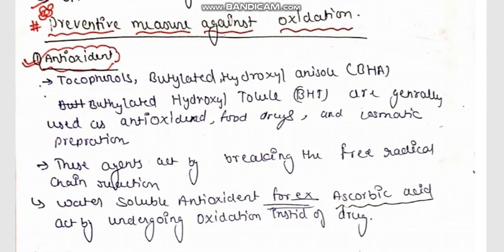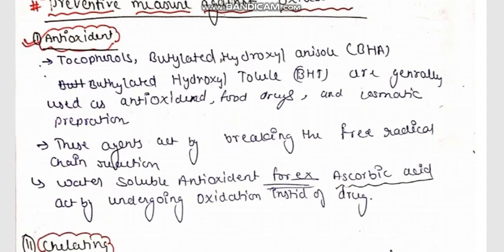First and the most suitable one is antioxidant. Tocopherol, butylated hydroxyanisole, and butylated hydroxytoluene are generally used as antioxidants in food or drugs to avoid the oxidation of the drug. These agents act by breaking the free radical chain reaction.